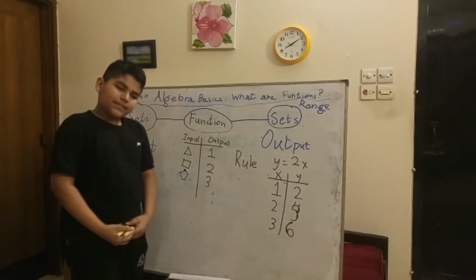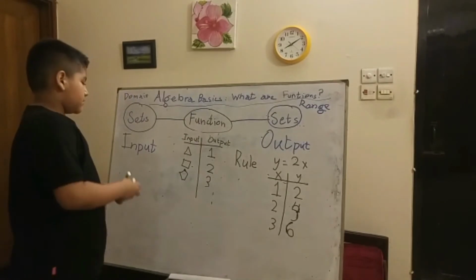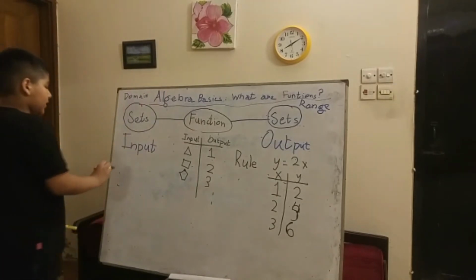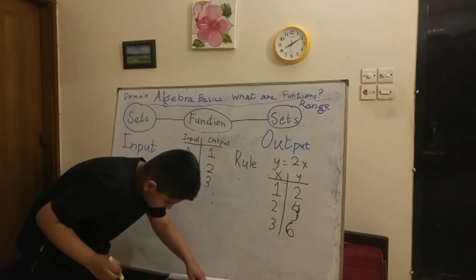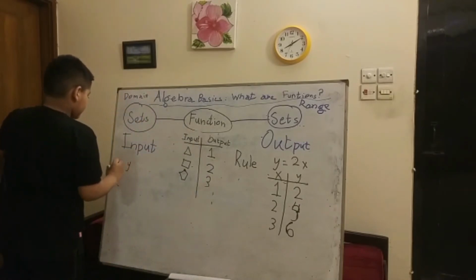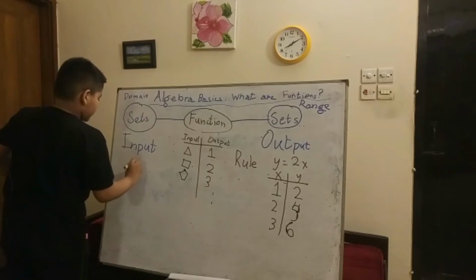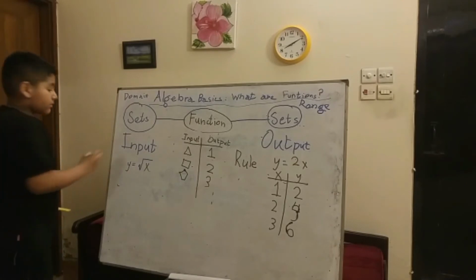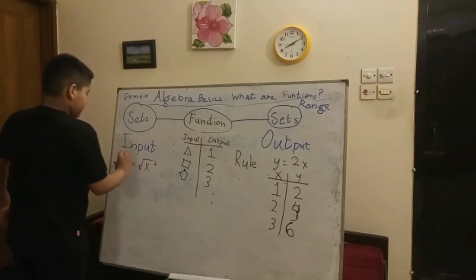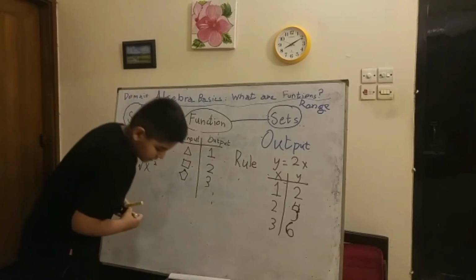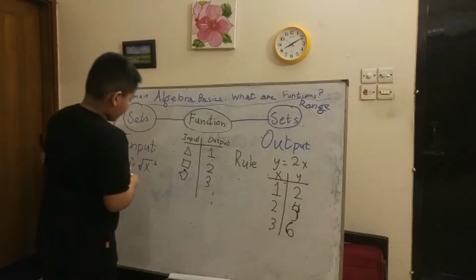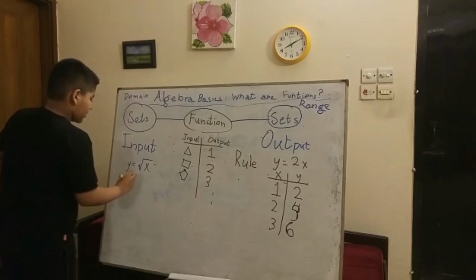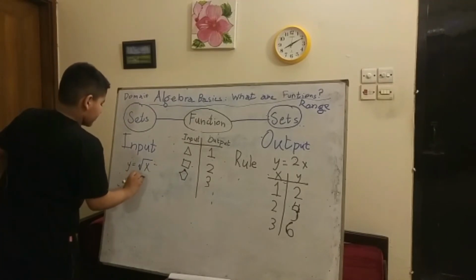Things like that. Now you can see that not every type of expression will be a function, okay? Like suppose you give this rule: y equals the square root of x. Is this a function? When we solve it like this, x could be positive or negative square root of x.